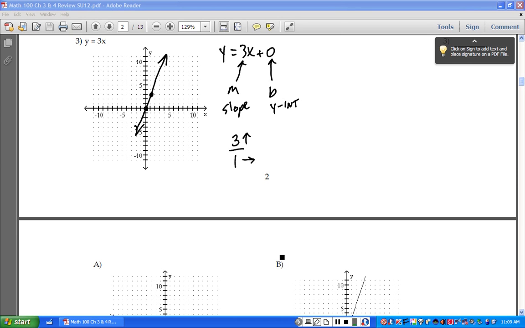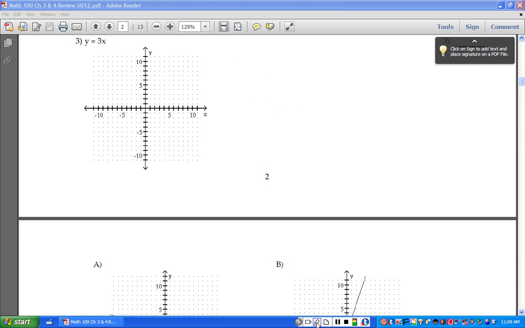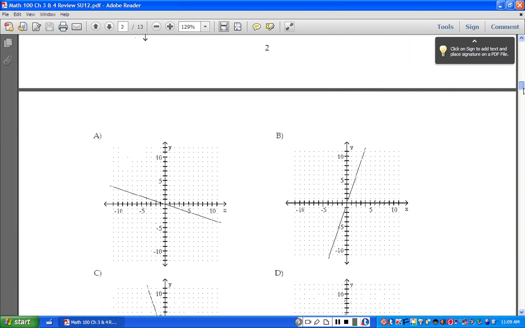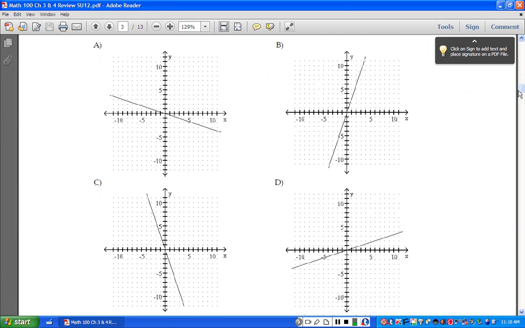Let me scroll down and double check. Alright, yes, for number 3, choice B looks like it's right.